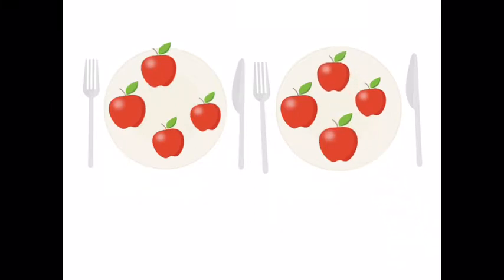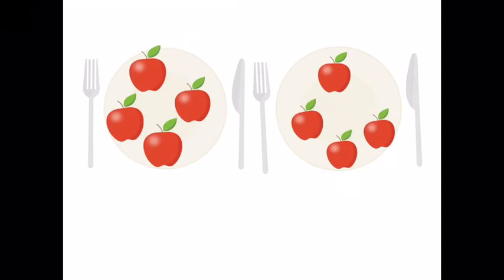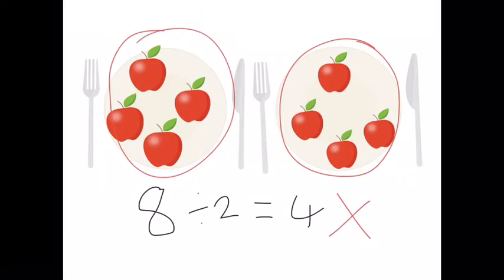So we have here 4 apples on that plate and 4 apples on that plate. At this stage, the children do not need to see 8 divide 2 equals 4. They do not need to see this, not yet. We're merely teaching them the concept of sharing between 2 things.